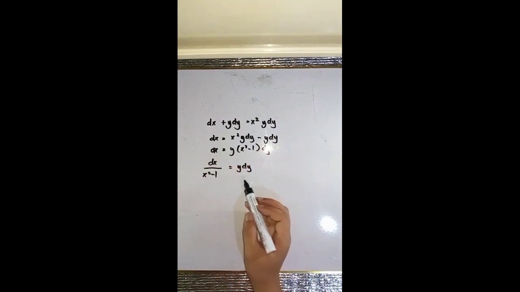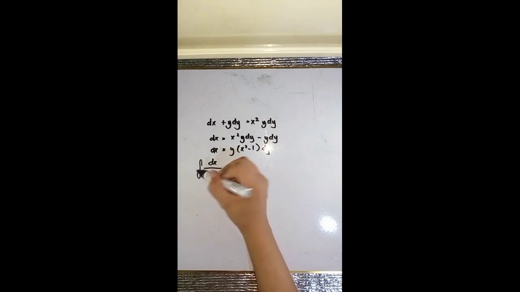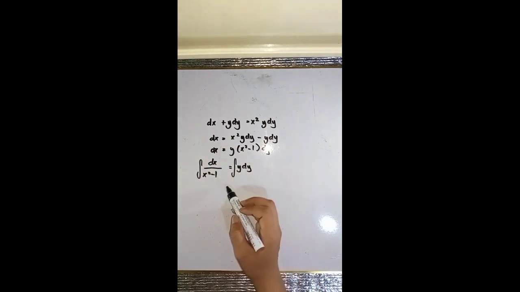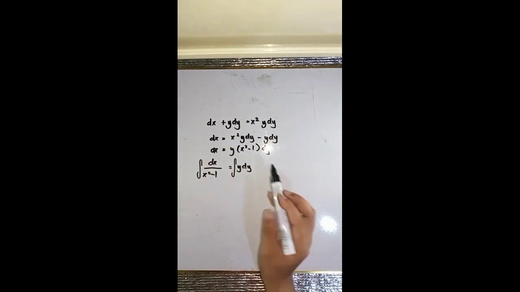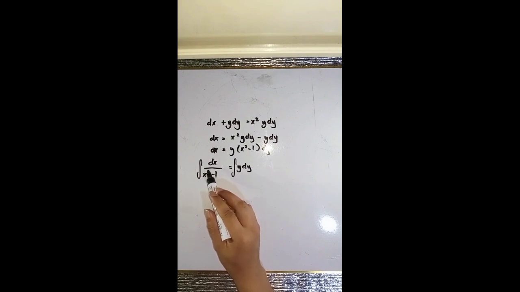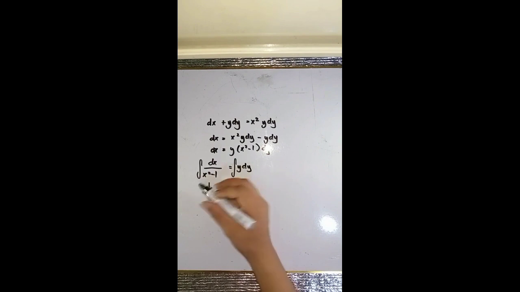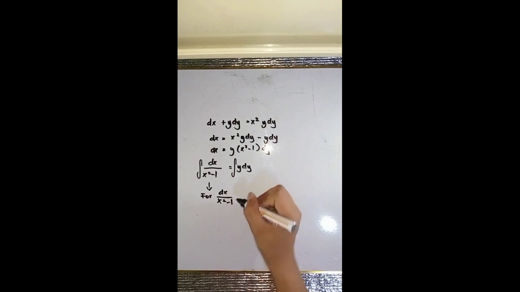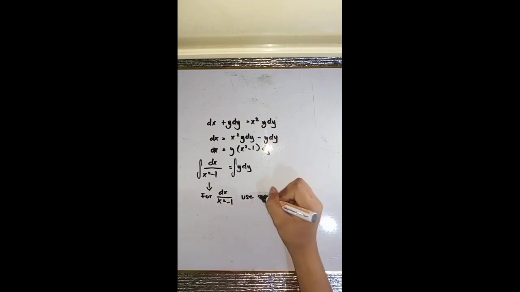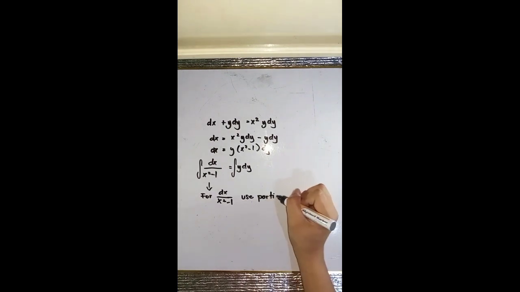Now, dx over x squared minus 1, when integrated, cannot be solved by normal means. So we have to use the operation called partial fraction of x squared minus 1.